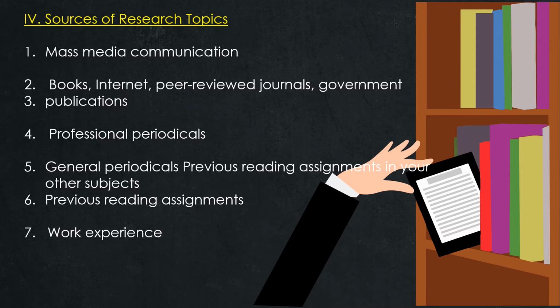Number four, general periodicals such as Reader's Digest, Women's Magazine, Panorama Magazine, Time Magazine, World Mission Magazine, and others. Number five, previous reading assignments in your other subjects. And number six, work experience. Clues to a researchable topic from full-time or part-time jobs, on-the-job training experience, field of work, and others.